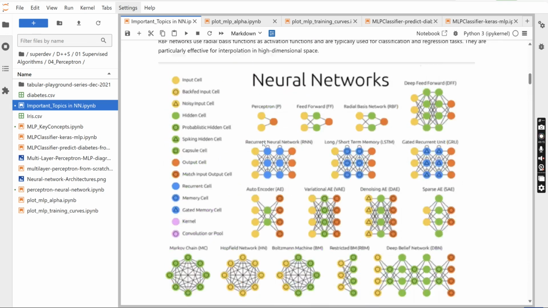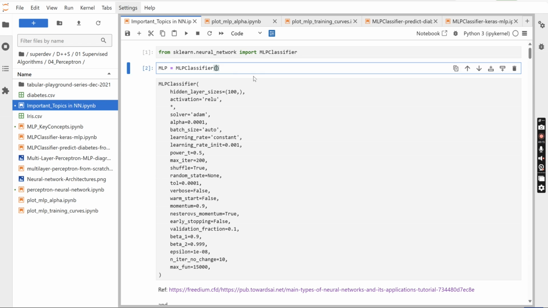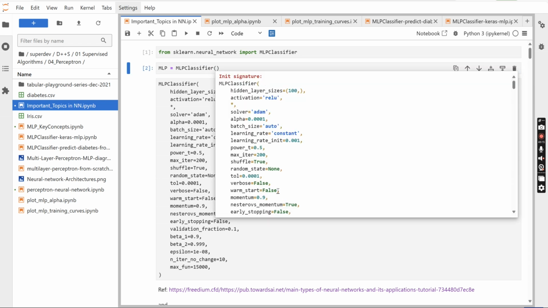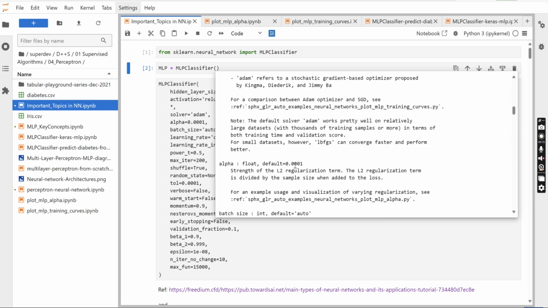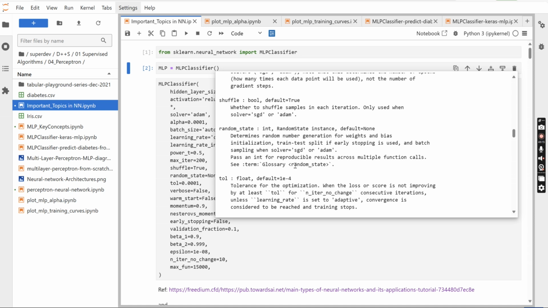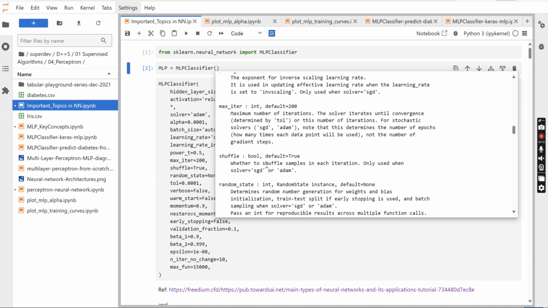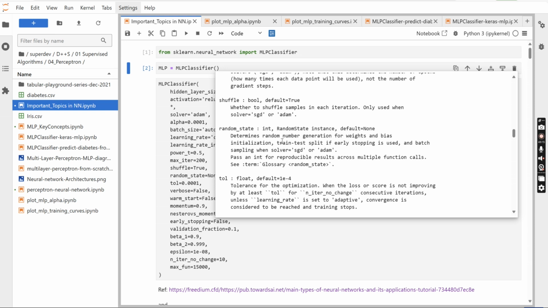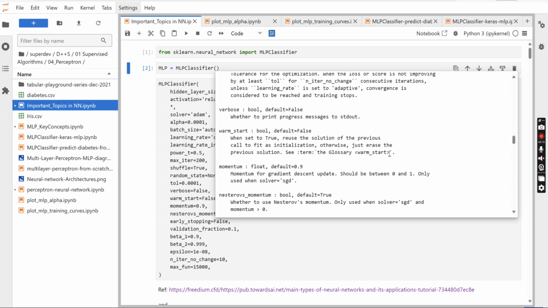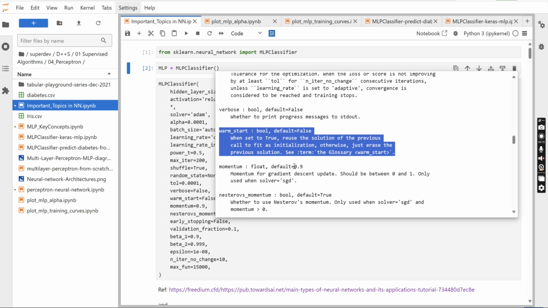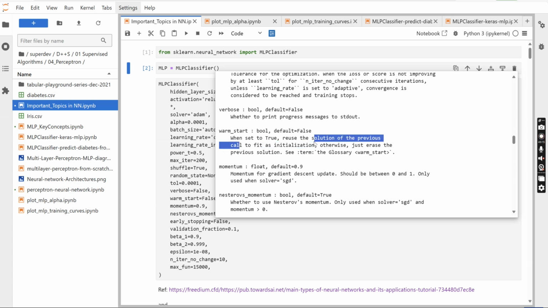So here you can see, warm start is false by default. You can set it to true. The moment you set it to true, a couple of things happen. There are a couple of initializations that take place, for example, Glorot initialization, He initialization. We'll learn that in deep learning, but just understand that with these initializations, if you call the fit method on the new data, your previous learnings are retained.